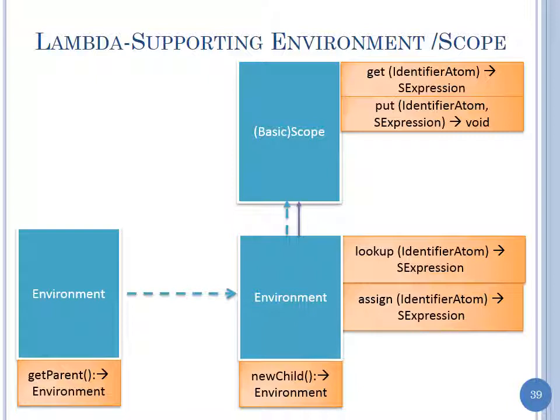And you have to implement the lookup and assign methods in that environment. So yesterday, Andrew put a null environment as a concrete class. That's a default environment. And you have to replace the null environment with your own environment through the environment factory to get your code working. Okay? So that's an environment.